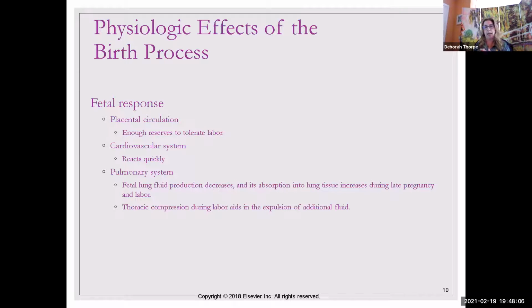C-section babies may have more lung fluid still, even if it's a term baby, when they deliver, because they're not going through the vaginal canal. So you might find a C-section baby would have a little higher risk of some rattly lungs right at first, but usually they do fine. If it's a big term baby, they clear it.